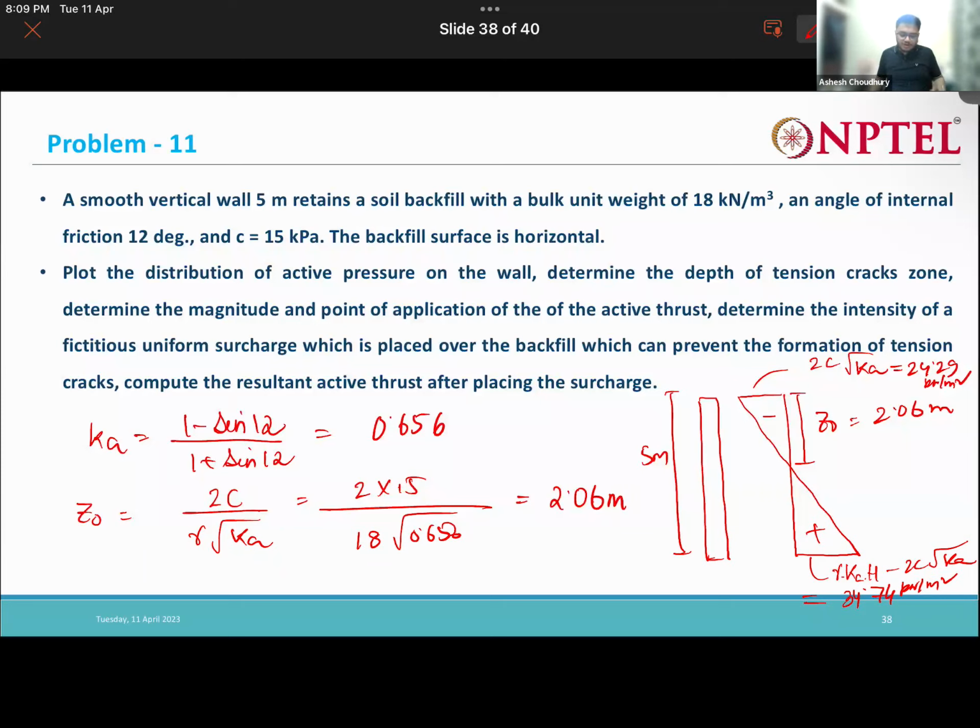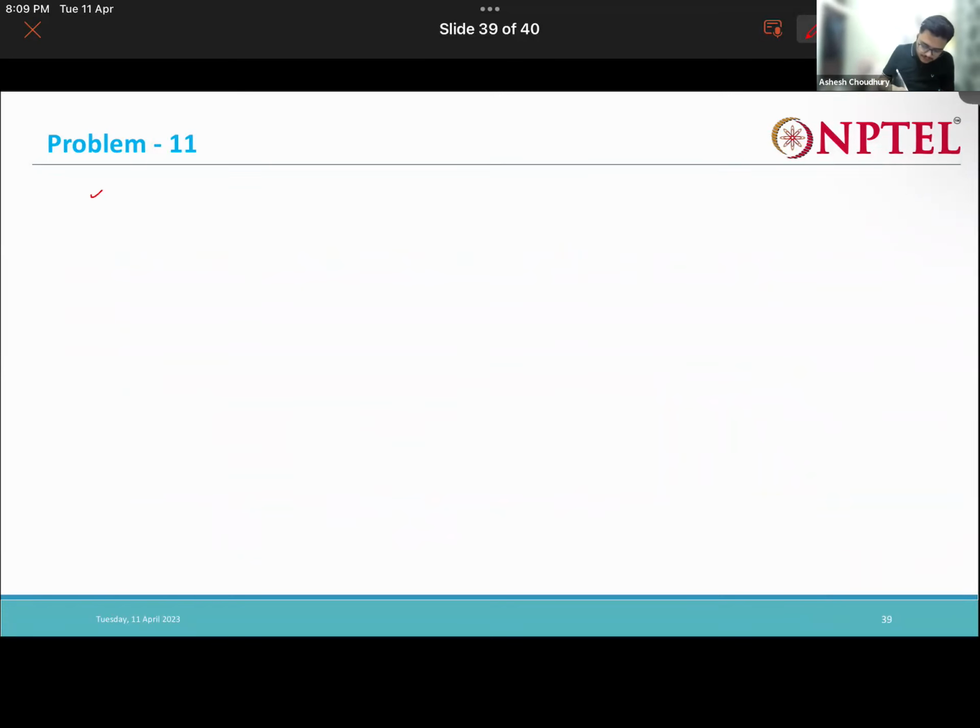Now, say there is formation of tension cracks. So if there is formation, then what will be my PA?